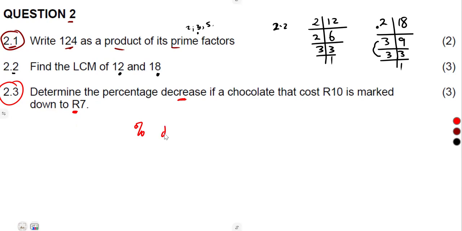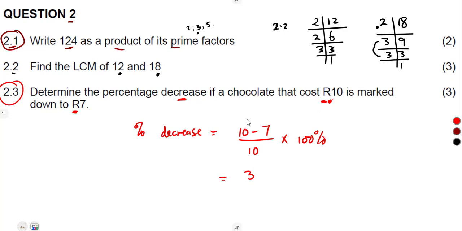So a percentage decrease is going to be simply the original price that you had, minus the decrease. So that's 10 minus 7 over the original price, which is 10, times 100%. Original price minus that. So that's 10 minus 7, which is 3.